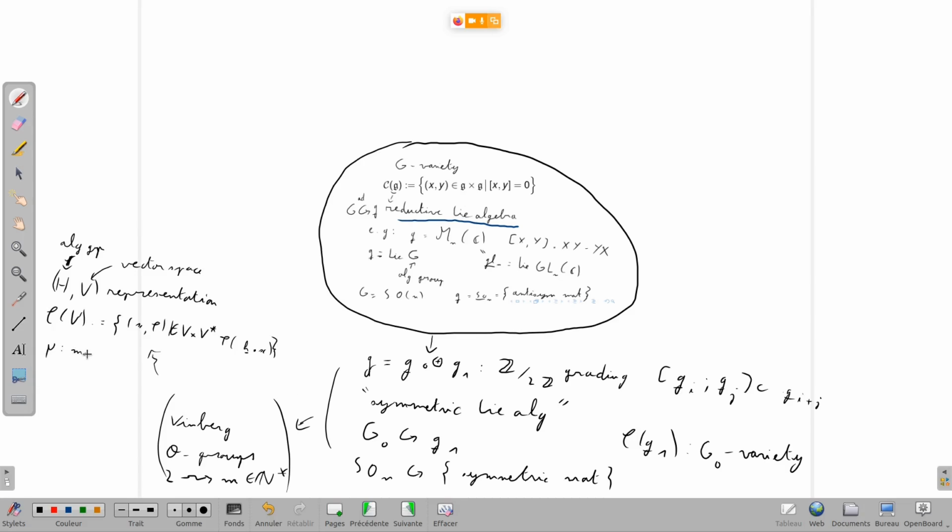So here you have a moment map mu, which goes from V times V dual to h dual, and what I say is that C(V) is mu^{-1}(0). And all the settings I presented above, let's say C(g_1) or C(g), are special cases of this thing. So here the keyword is symplectic geometry.